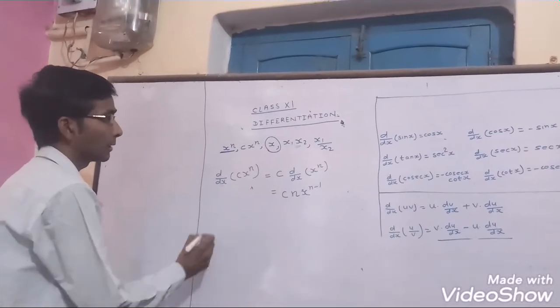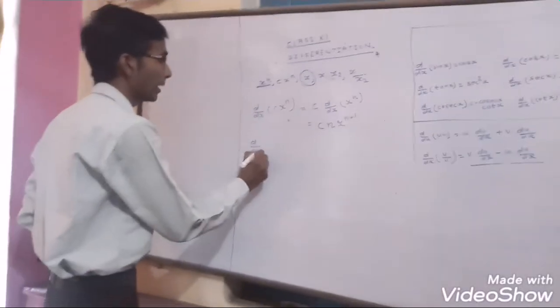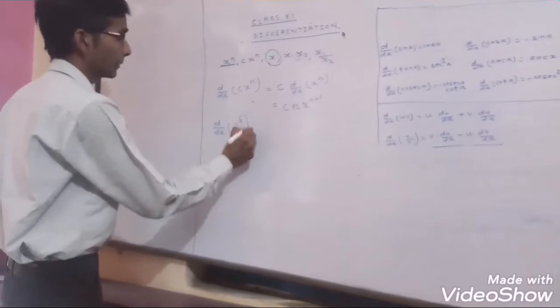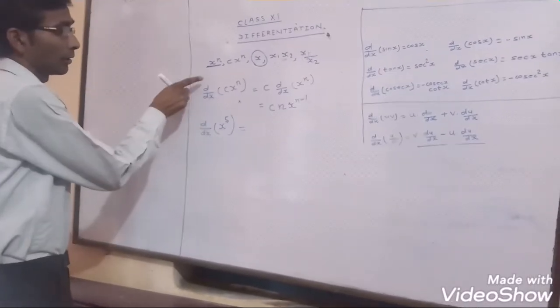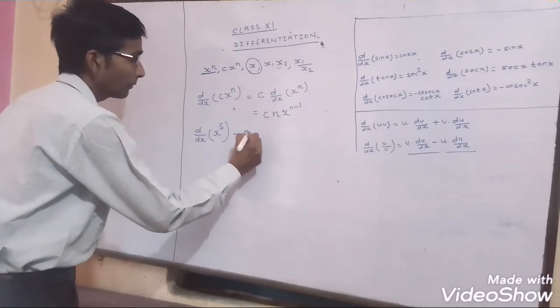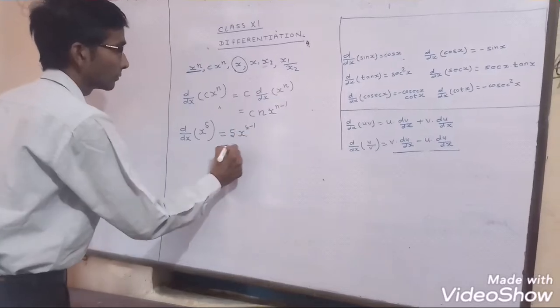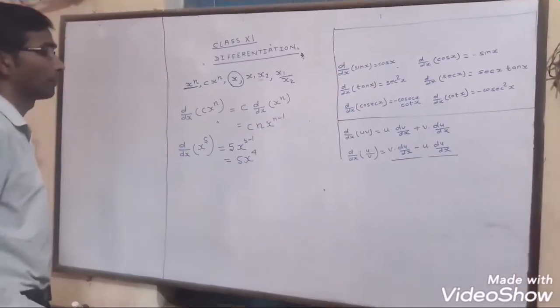We can take some examples. For example, you have to differentiate d by dx x to the power 5. Then what will be the answer? We already know that 5x^(5-1), then 5x to the power 4.